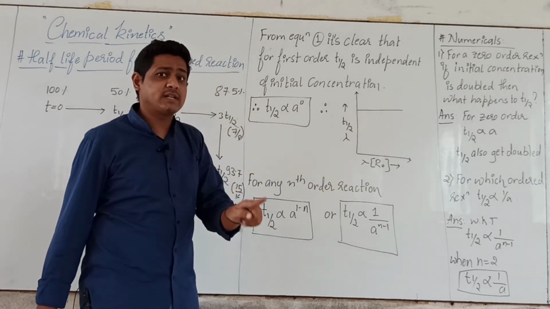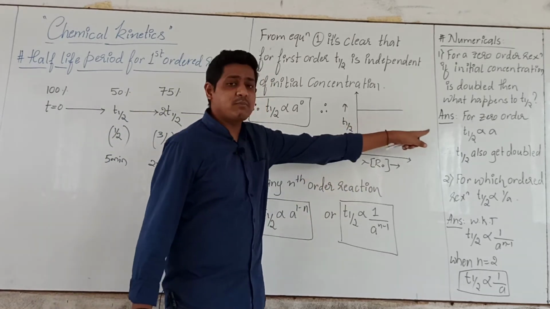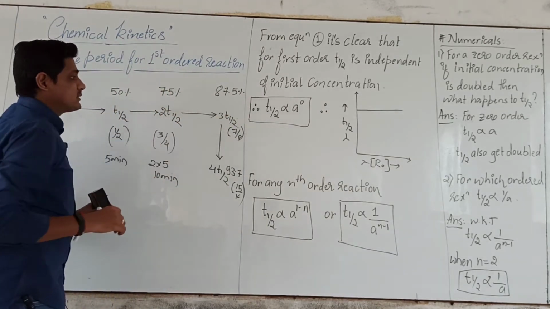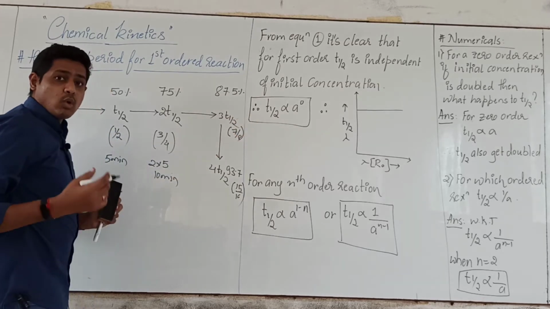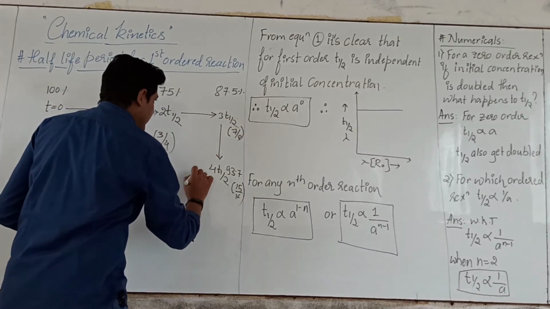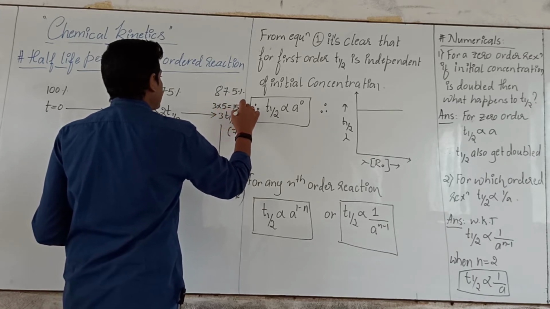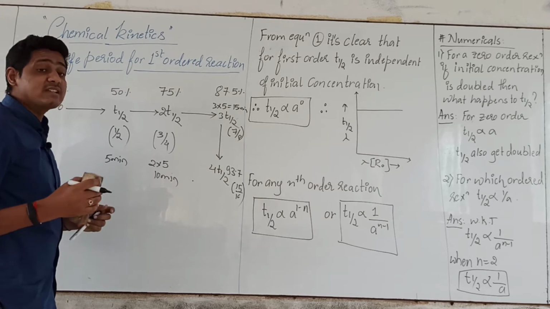For a first order reaction, whatever the initial concentration, the half-life period will remain the same. So it will be 10 minutes. For the next, 7/8, that is the third half-life, the time required will be 3 into 5, which is 15 minutes. They will go on asking you questions in this way.